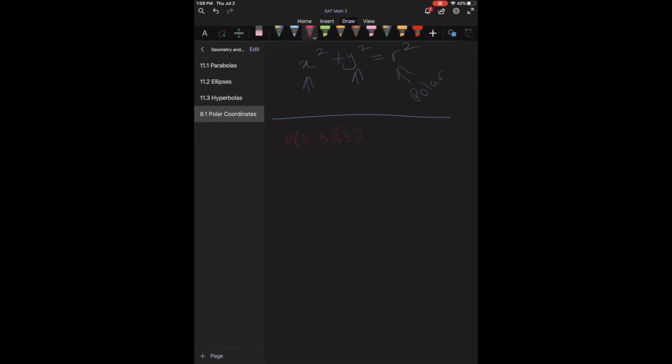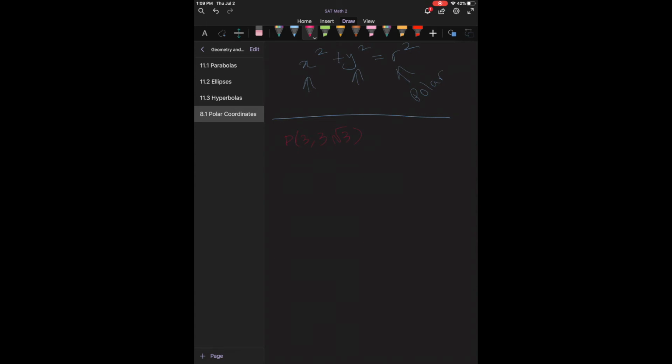So the formula that we just talked about, x squared plus y squared equals r squared, is right above the point 3, 3 square root of 3, right? So now we have x and y. If we square them both and we sum them up, we're going to get r squared, and if we take the square root of r squared, we get r. So we automatically have one component of the polar coordinates, right?